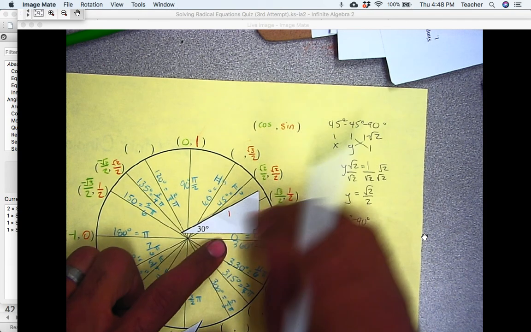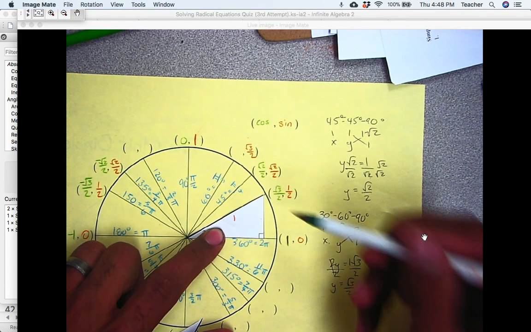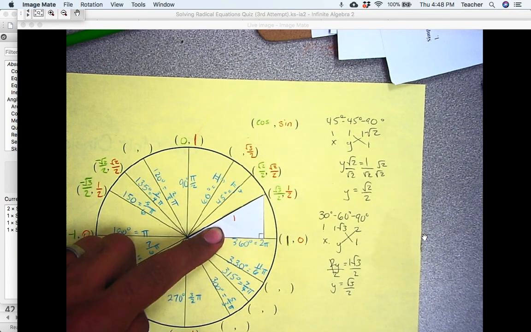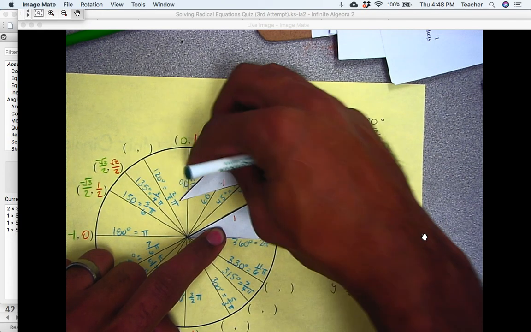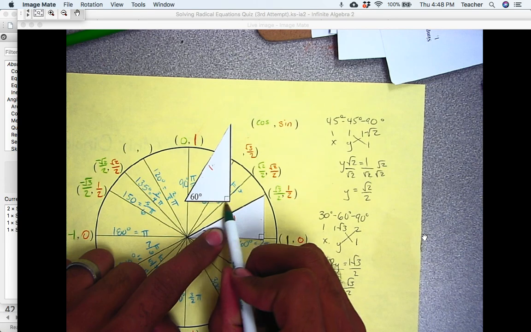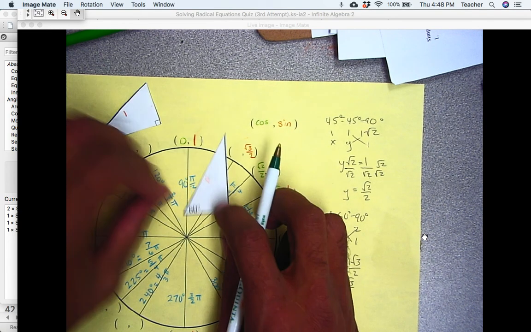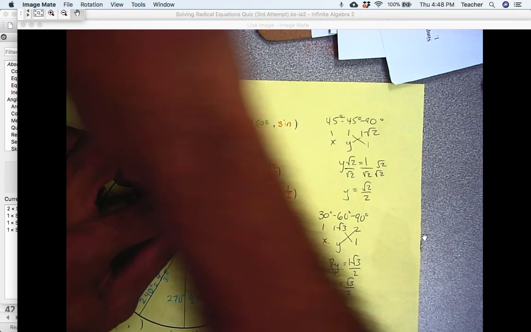Now, if I look at my 30, 60, 90 triangle, this side was 1/2. And remember, this is the same triangle that we just used over here. So if this side is 1/2, that must mean that this side is also 1/2. So I don't have to do all the math to figure that out. So the x here is 1/2.